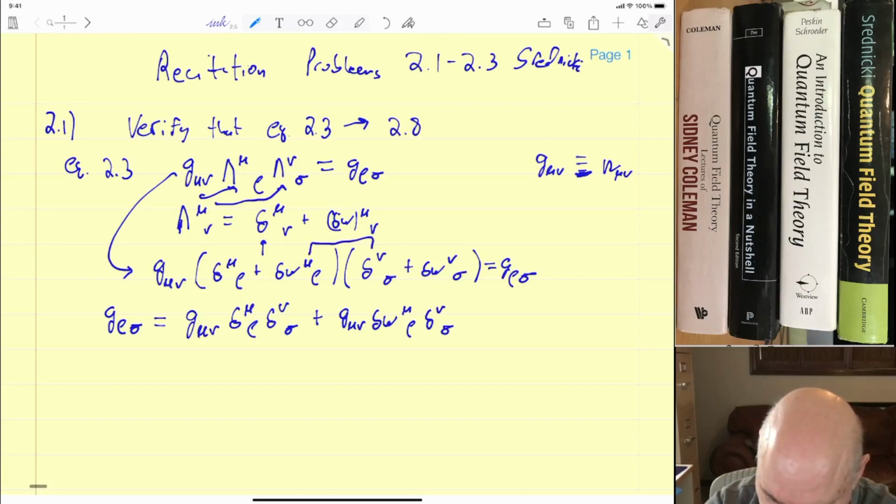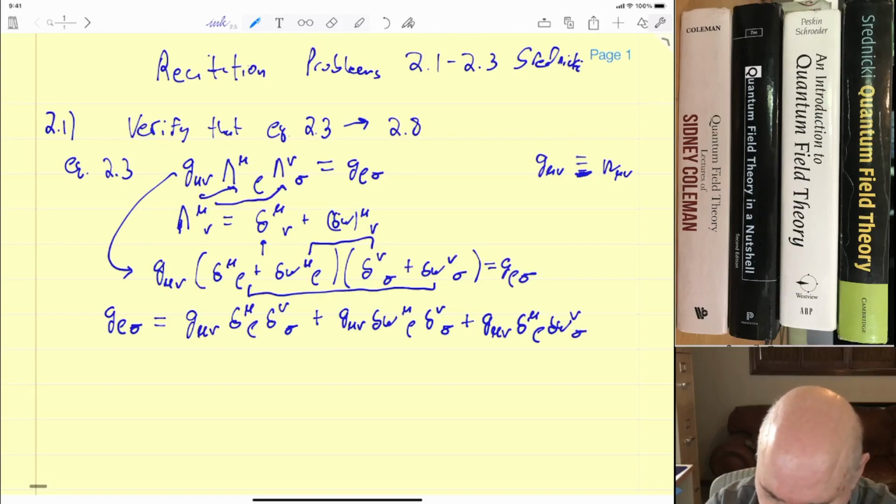And then I'm going to do the cross term here. Plus g mu nu delta mu rho delta omega nu sigma.